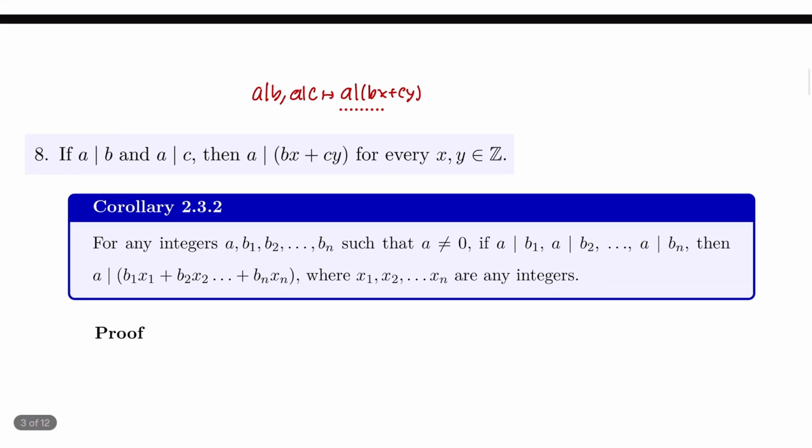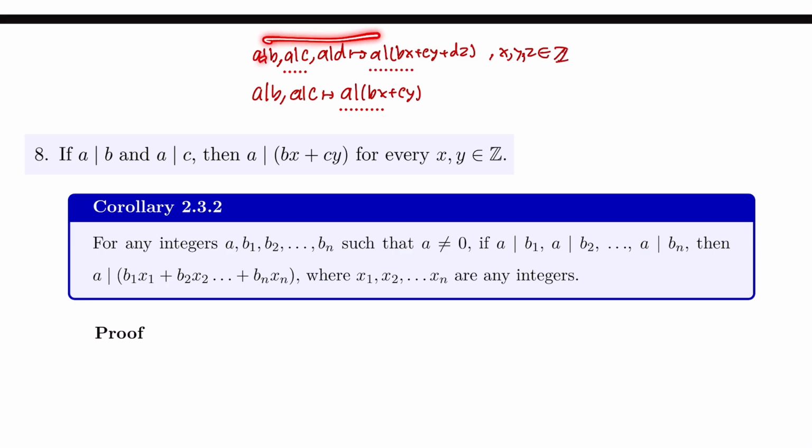So if you have a divides b, a divides c, a divides d, you're going to have a divides bx plus cy plus dz, where x, y, and z are integers. Or if a divides 4 numbers, you're going to have a dividing the sum of these 4 numbers.